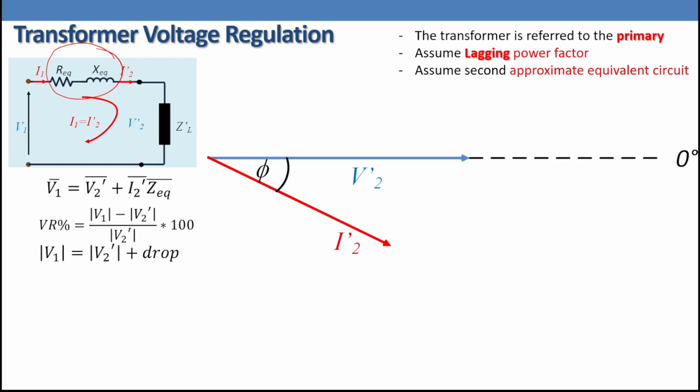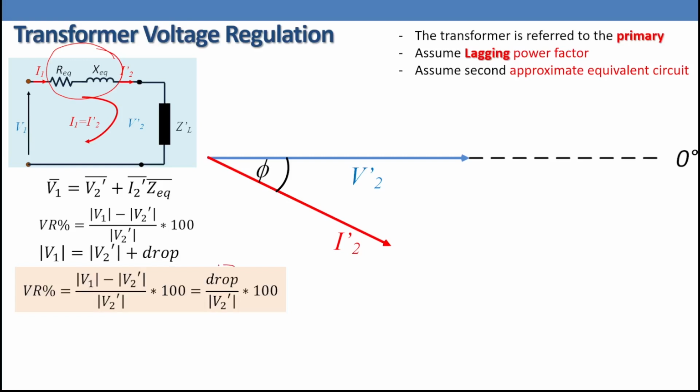So we can say that V1 equals V2 dash plus the drop. If we succeed to calculate the drop, we are going to calculate the voltage regulation where we can use this equation, drop over V2 dash multiplied by 100, or this equation if we know V1 and V2 dash. So the question now, how to calculate the drop?